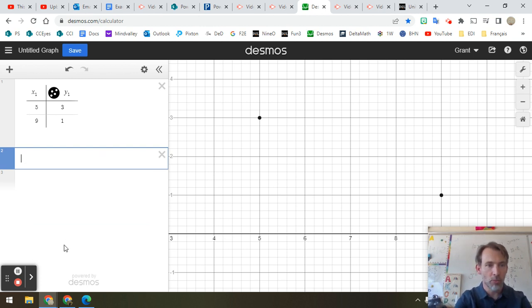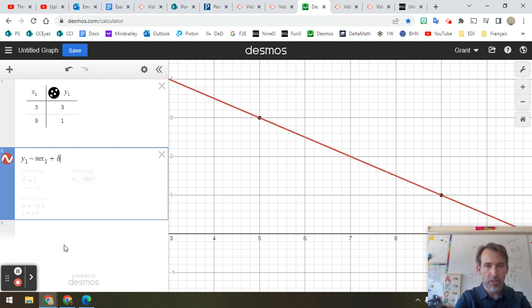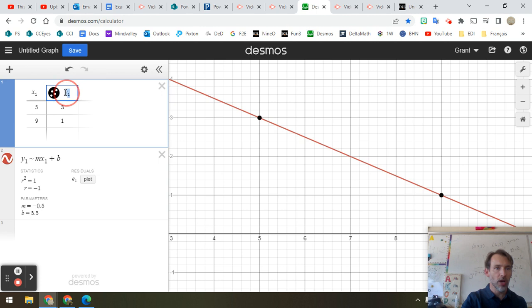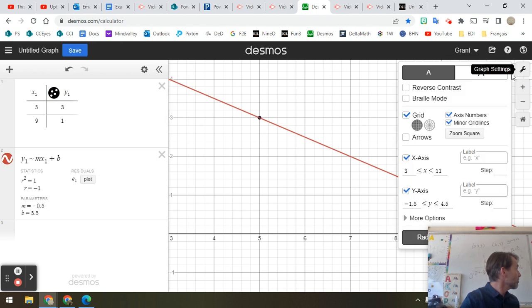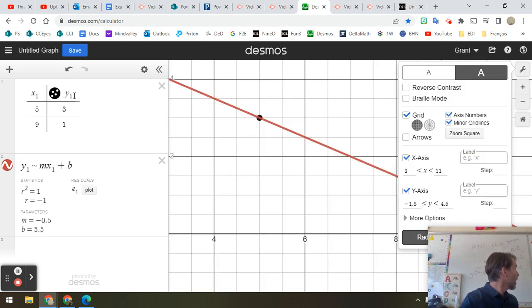But instead, I'm going to say y1 tilde mx1 plus b. Okay, y1 means these y values, Desmos. I'm indicating to it that I want those points up in that table there. Okay, see the y1 there?